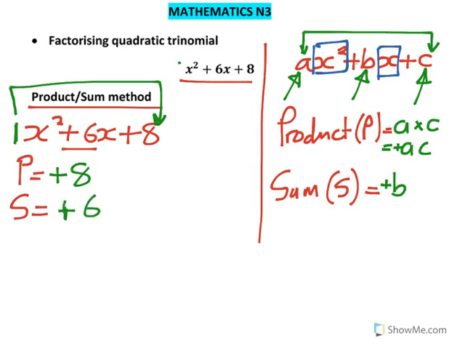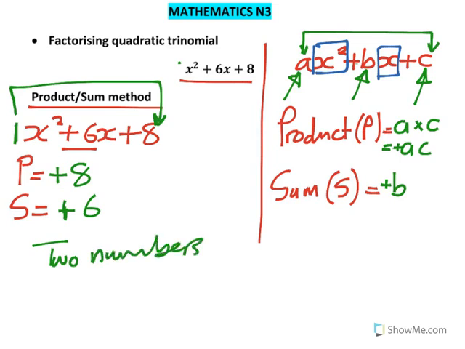So what are we looking for here? Whenever we are looking at the product and the sum, we are always looking for two numbers. Don't forget about this, two numbers. There is something special about these two numbers.